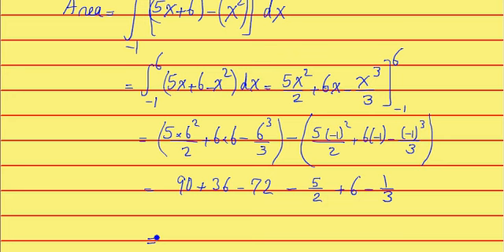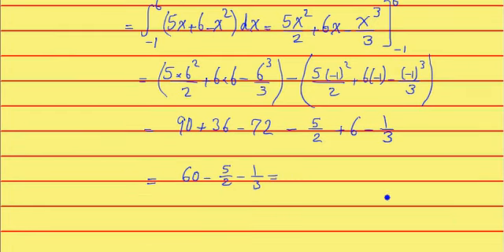Okay, perhaps a good way to handle these kinds of problems is to total whole parts first, and then see what you want to do with the fractional parts. So here I have 126 minus, that's going to be 54 plus 6, that is 60, minus 5 halves minus 1/3, I believe. Let's see if that's correct.